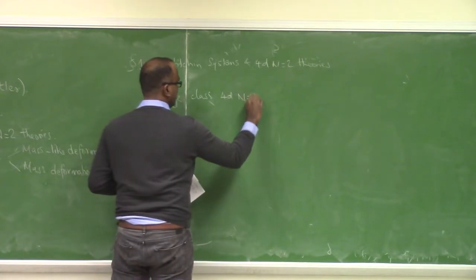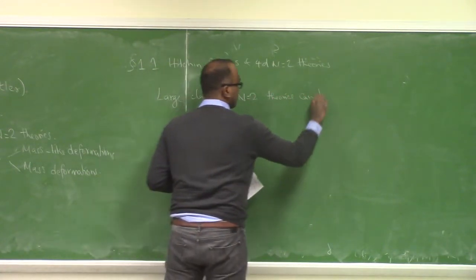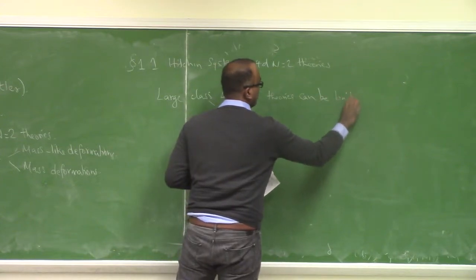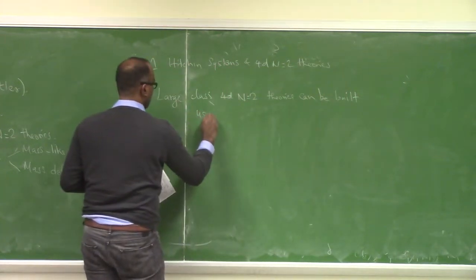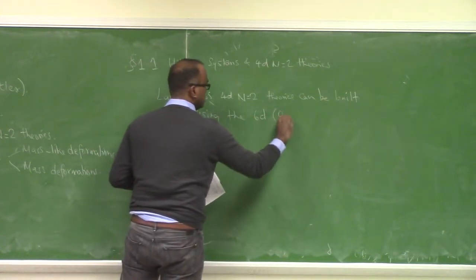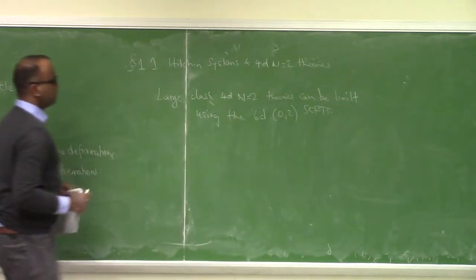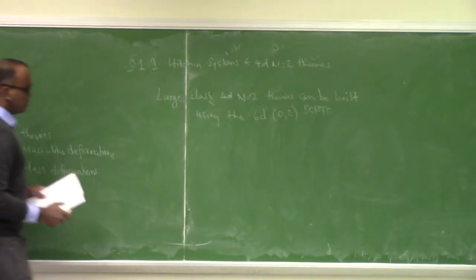So there's a large class of 4D n equals 2 theories that can be built using certain 6D (2,0) superconformal field theories. These are the ones that I will talk about today.